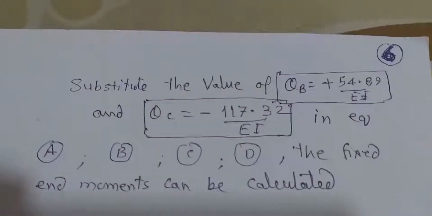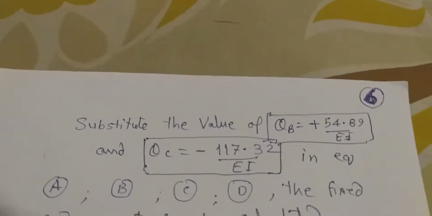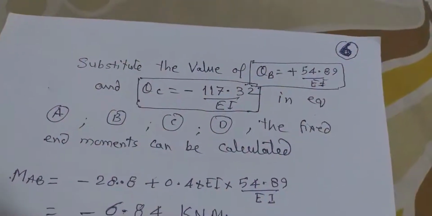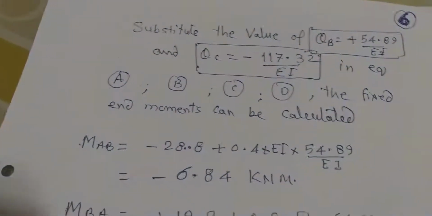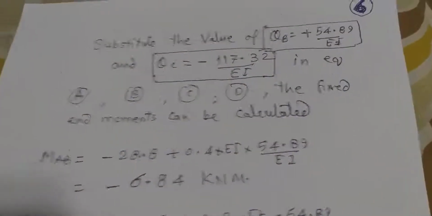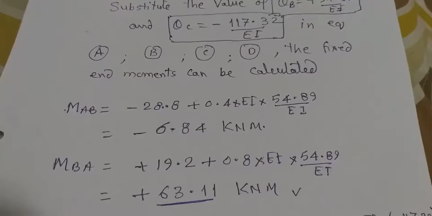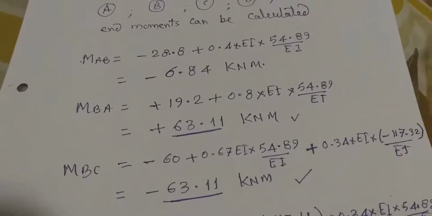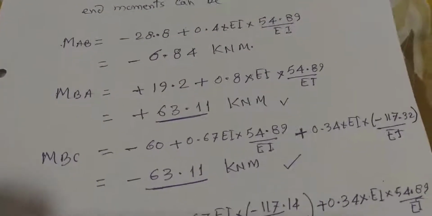Now, after calculating theta B and theta C, we substitute their values in equations A, B, C, D, and we can calculate the moments. MAB comes out to be minus 6.84 kilonewton meter, MBA plus 63.11 kilonewton meter, and MBC must be the same.